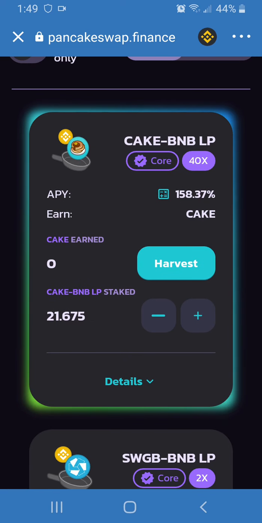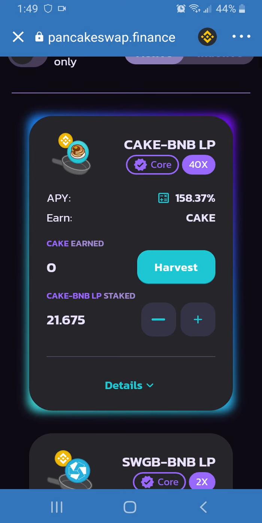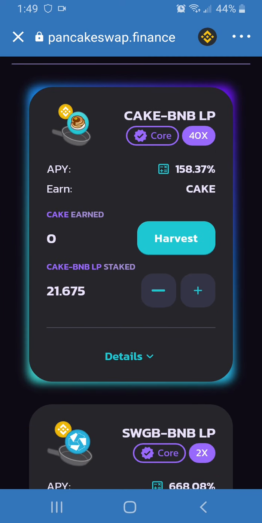So it looks like the Cake BNB liquidity pool stake has gone down, and you might also notice that my cake earned has gone to 0. Anytime you add or subtract to the pool, it cashes you out for what you have waiting to be withdrawn.